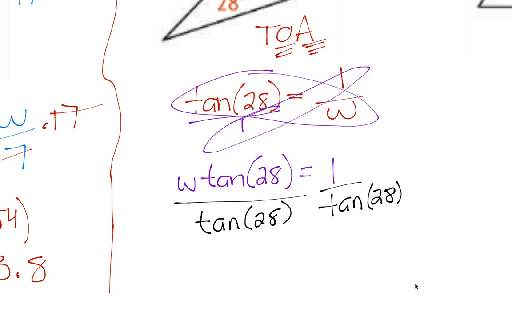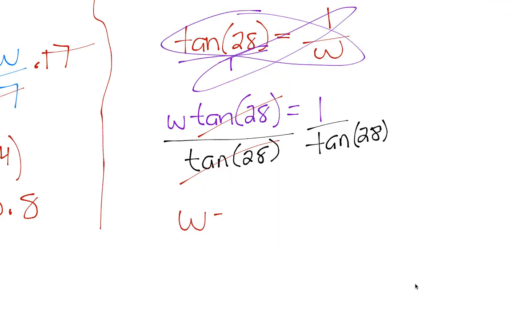We're just carrying it around written like that, so we don't have to round it. That divides away. So W equals 1 over tangent of 28, which is about 1.9.